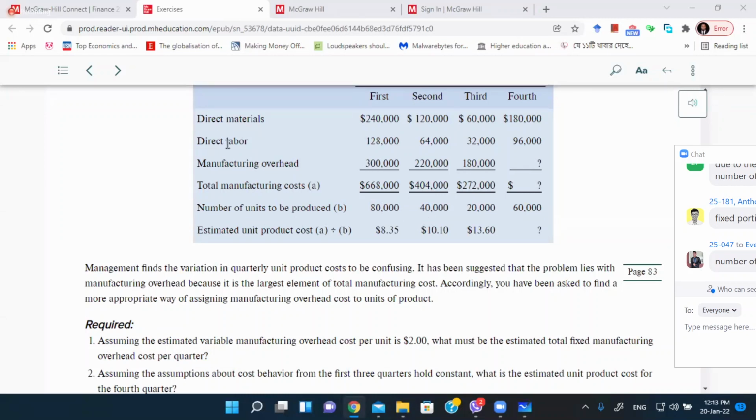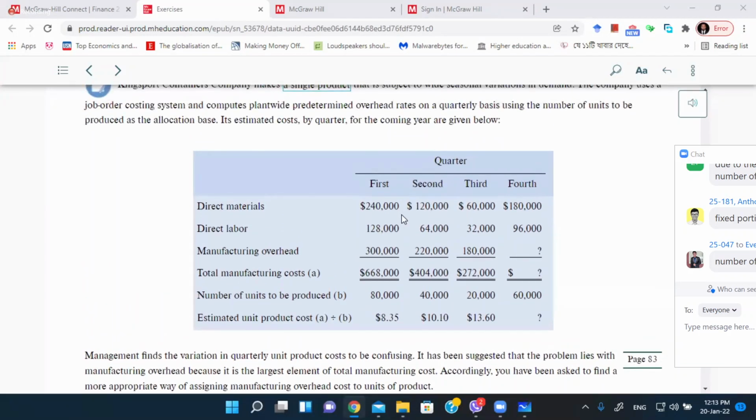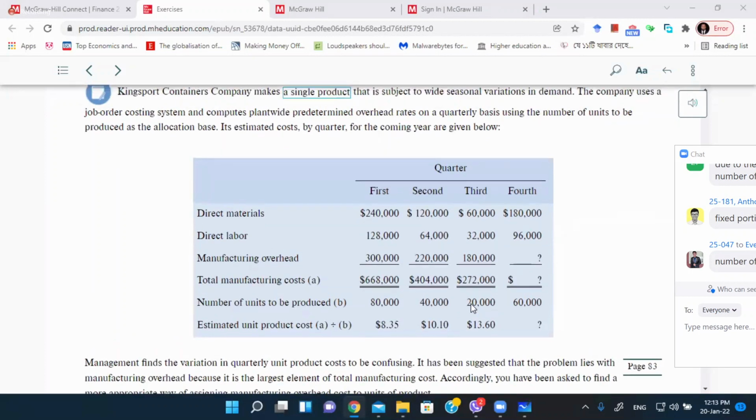So direct material, direct labor, variable manufacturing overhead will respond directly to the number of units to be produced, but which will not respond directly? The fixed portion of the manufacturing overhead will not respond directly. And in some quarter, obviously, the number of units produced is more. In some quarter, the number of units to be produced is lower.